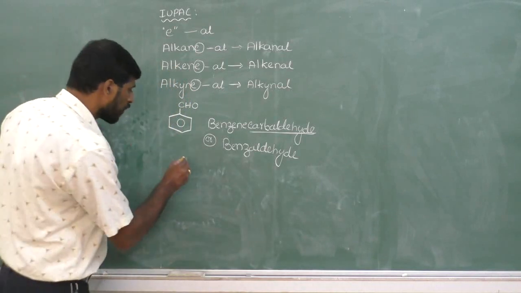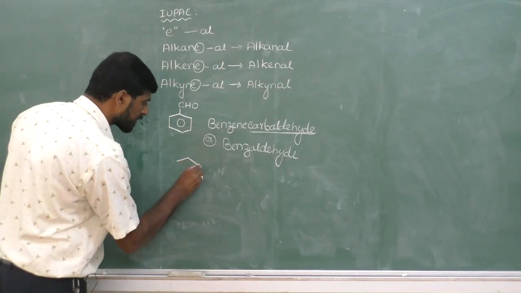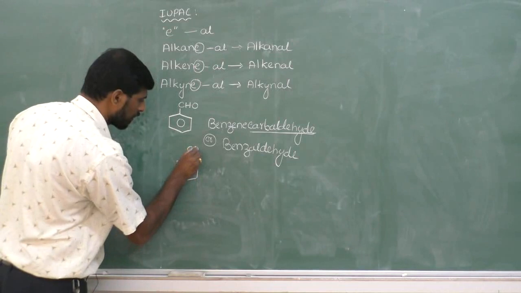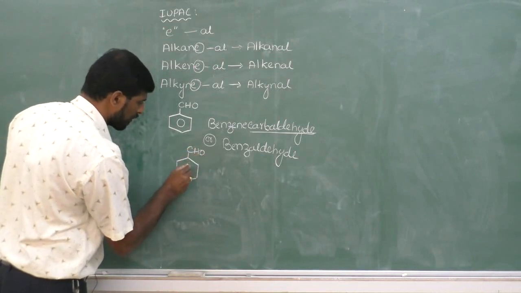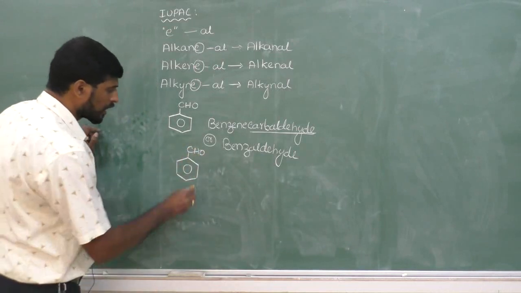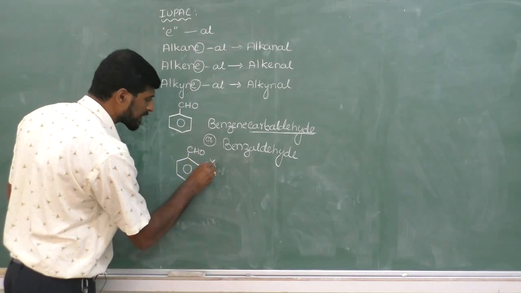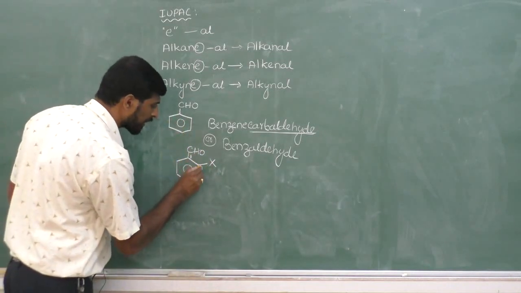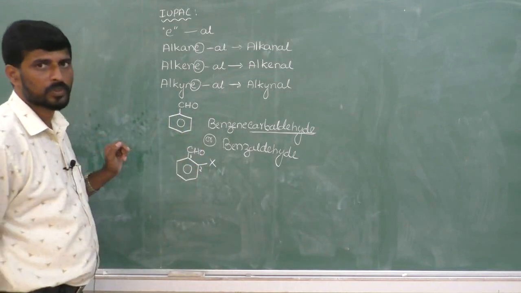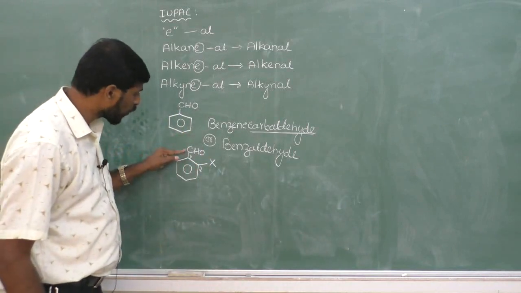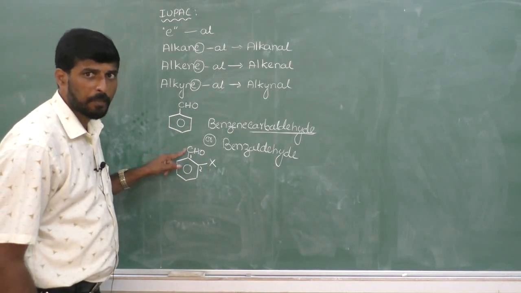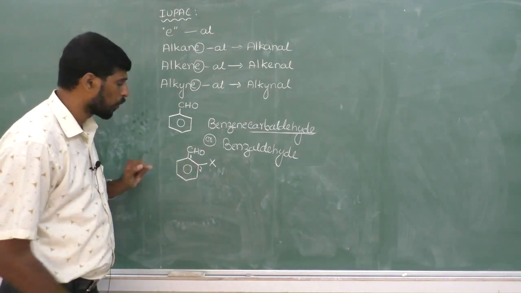Now, if you consider this compound, for example, this is benzaldehyde. Suppose a substituent group is present here. So, this is position 1 and this is position 2. The CHO group, where it is attached, should be the priority number 1. That is why it is 1, 2.